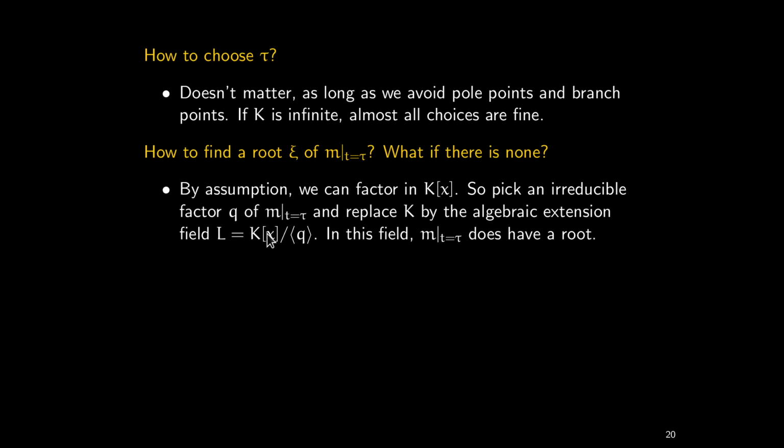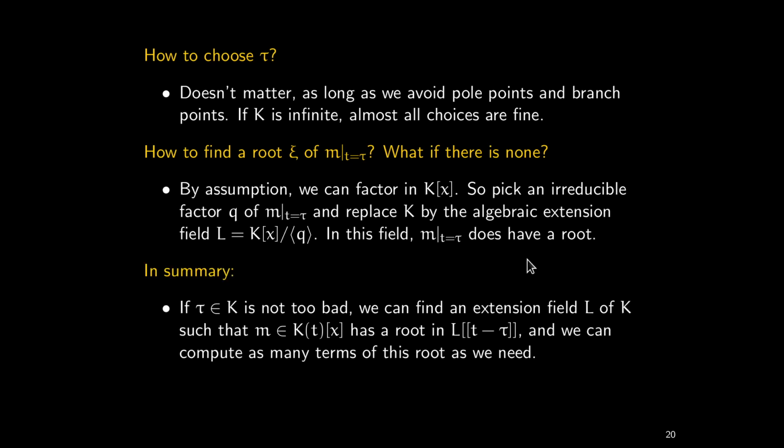So you go to the extension field k[x] mod some irreducible factor of it, and then this polynomial, when viewed as a polynomial over this extended field, will have a root, because this x here will be a root of this polynomial by the choice of q. So that means if you don't have a root, then by the assumption that you can factor, you can extend your field, and then you will have a root.